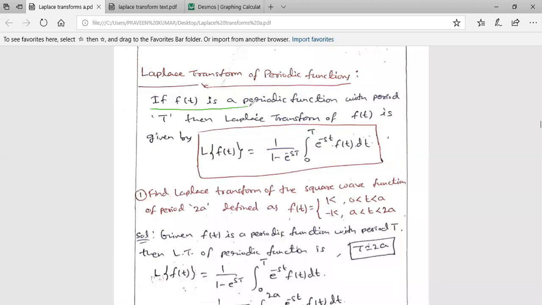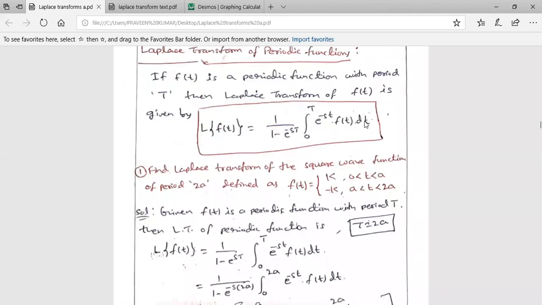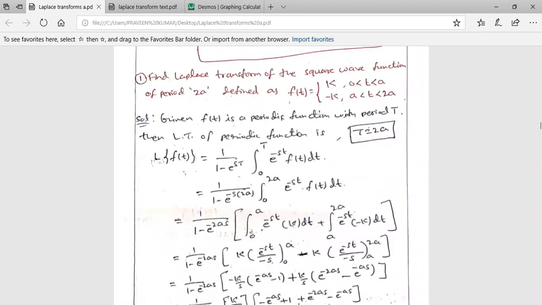If f of t is a periodic function with a period T, where T denotes the period of that particular function, then the Laplace transform of f of t is given by: Laplace of f of t is equal to 1 by 1 minus e power minus sT, times the integral from 0 to T of e power minus st f of t dt. Using this formula, we find the Laplace transform of periodic functions.